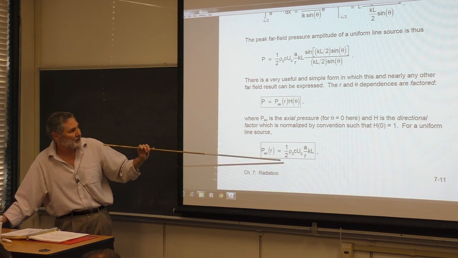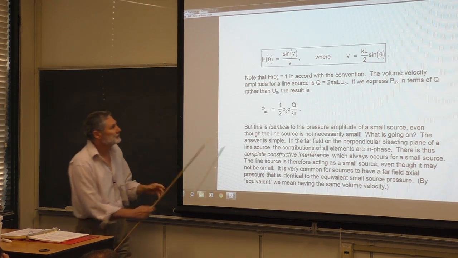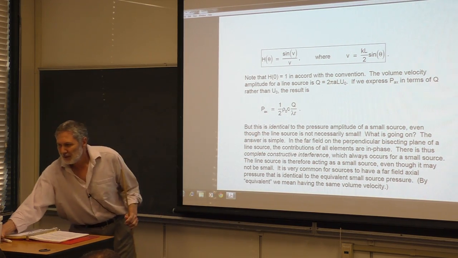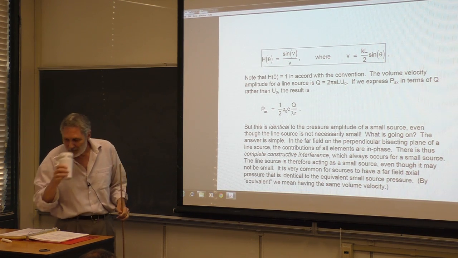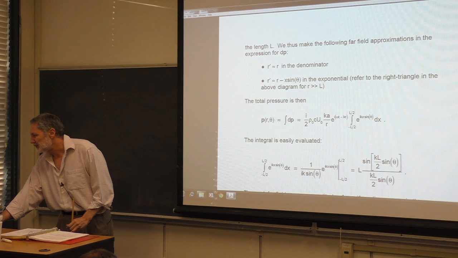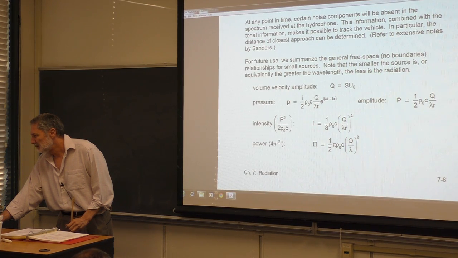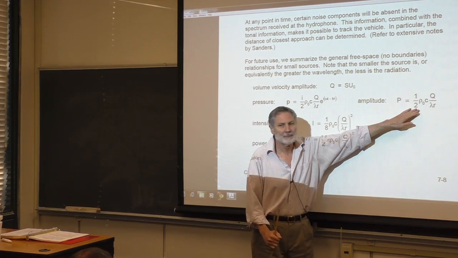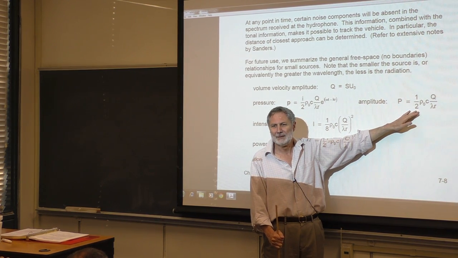When you put it in terms of Q, here's what you get. And I don't know if you recognize this, but it might look familiar to you. This is exactly what we found for a small source. It's exactly the same.